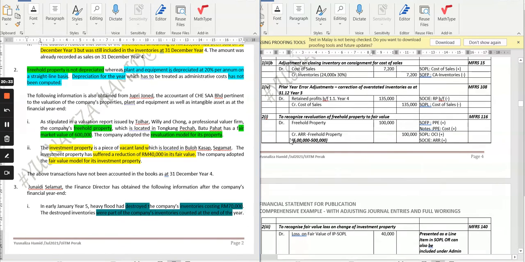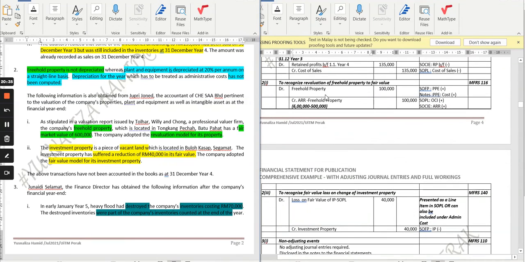Before that, let's do the revaluation of the freehold property that uses the fair value model, right? The revaluation model was used for the property. Therefore, we are going to incorporate the valuation. Next, debit freehold property with the surplus, credit ARR.